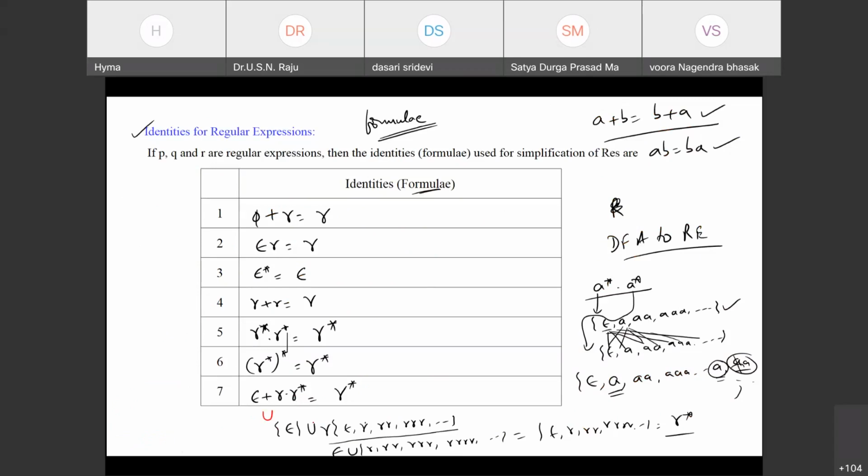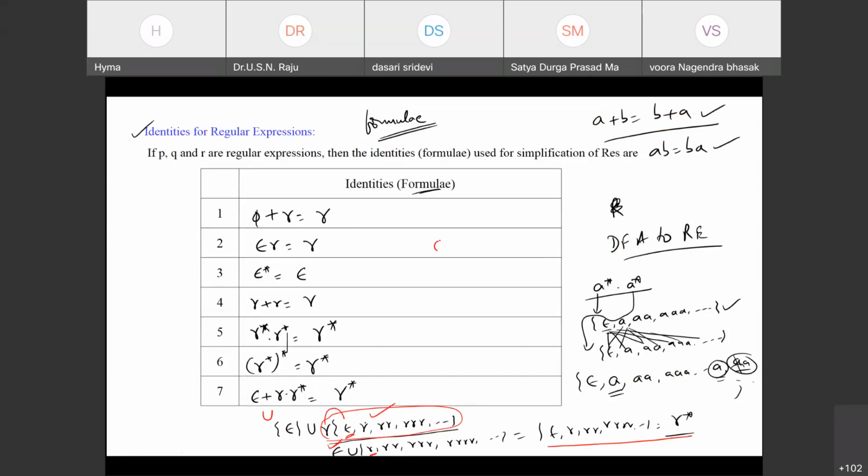So I have given the proof here of how we got that. Epsilon plus r star. r star is starting with epsilon. When I concatenate r with this epsilon, the minimum is r. Then I am taking the union of those two, epsilon is added, that's why r star. Epsilon plus r star equal to r star.